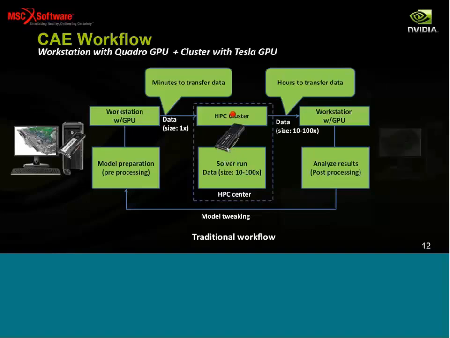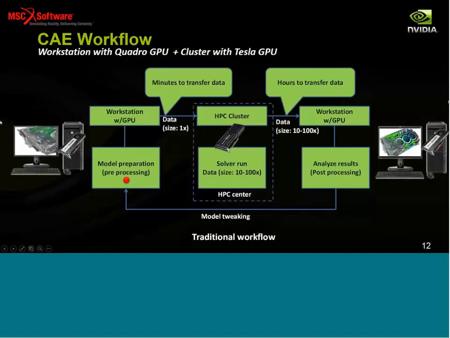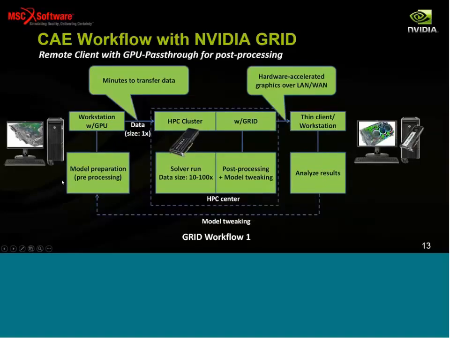This then needs to be downloaded back to the workstation, or sometimes it ends up going to another user, because there are separate departments that look at the results and then make design decisions as to what they could change. And then the whole process continues all over again. So here you see that there is a Tesla in your cluster as well as a GPU locally on your workstation.